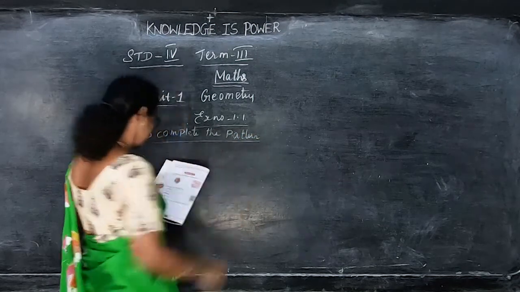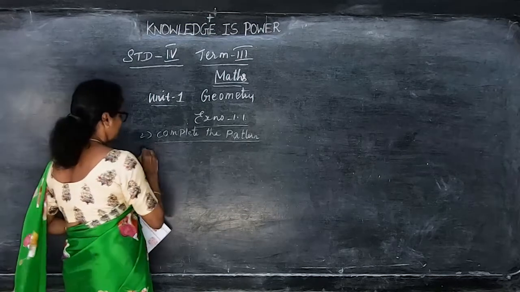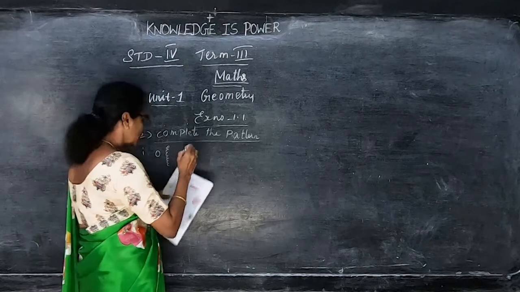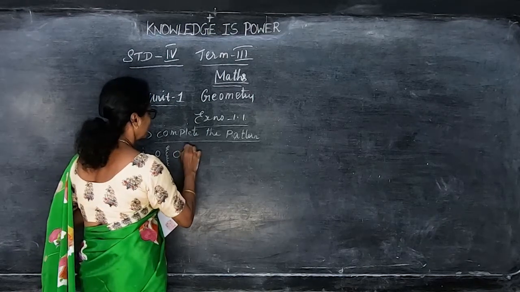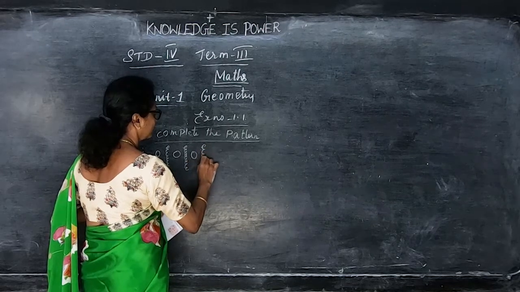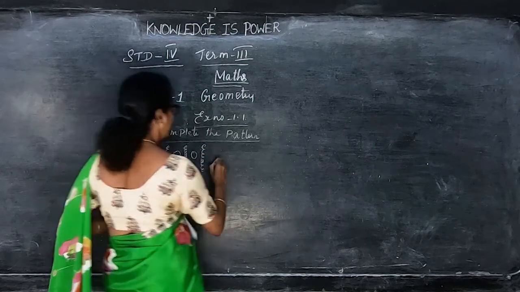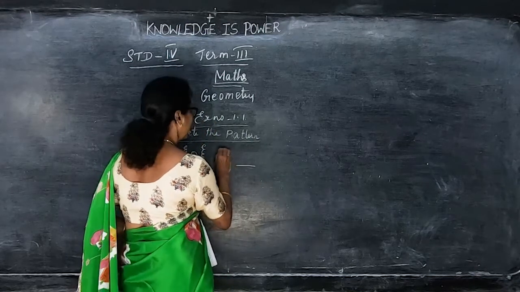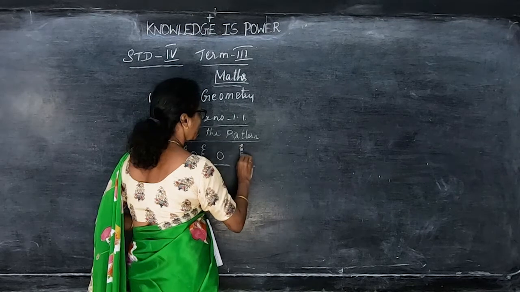In the first pattern here they have given a circle and a spiral, then again circle and circle. So in the dash they have given, you have to put a circle, and you can put like this.